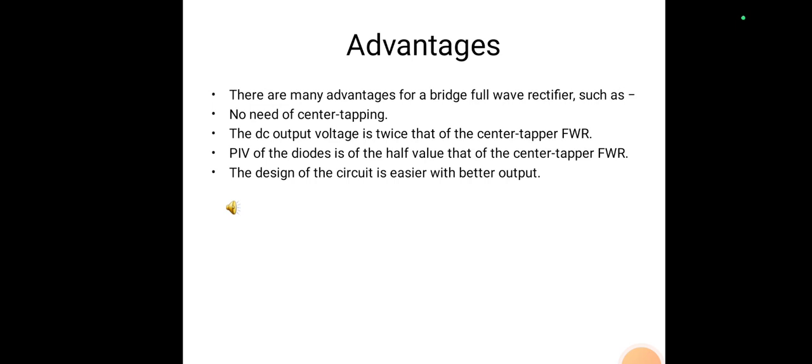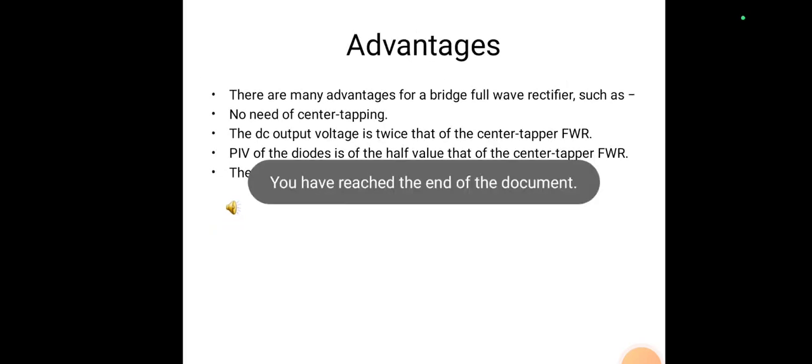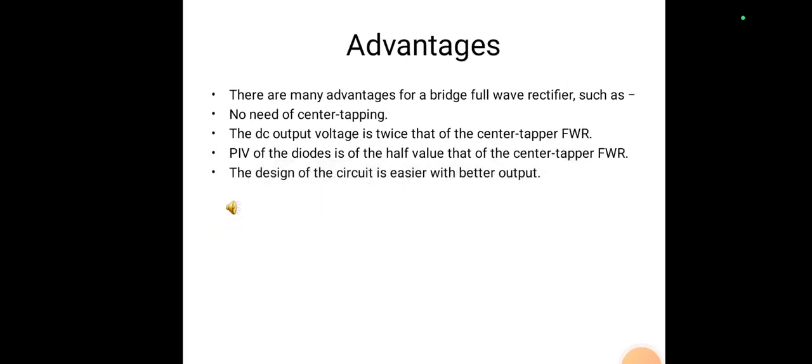The DC value of the output voltage of the bridge rectifier is also twice that of the center tap full wave rectifier. Then the PIV of the diode is reduced to half, and its design is also very easy. So this is all about the full wave bridge rectifier.